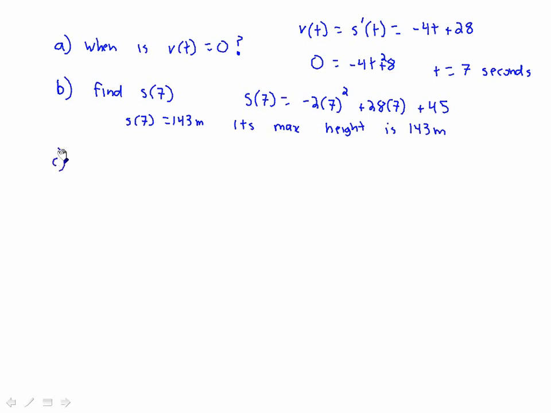Then for C, it asks us what is the object's average velocity from t equals 0 to t equals 8. Now this can be a problem because we have a function for velocity, but if we plugged in v at 8, this gives us its instantaneous velocity at t equal to 8.